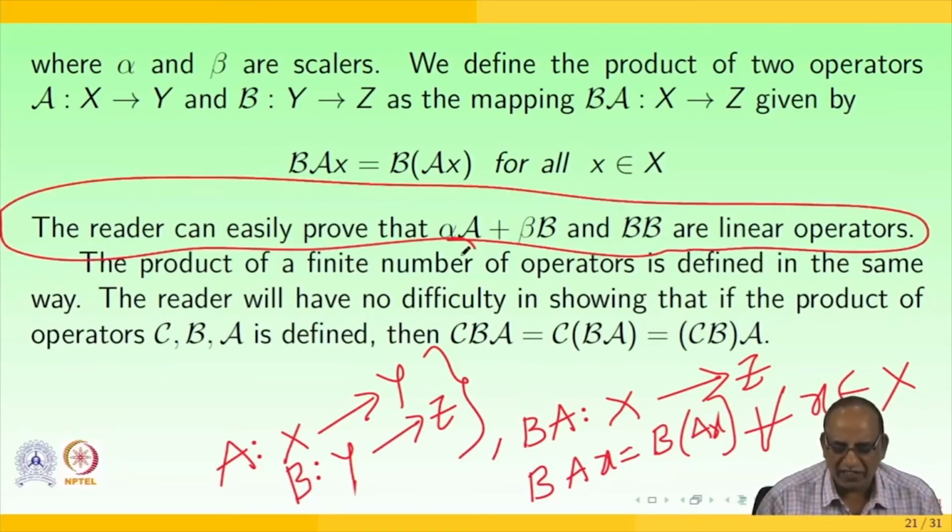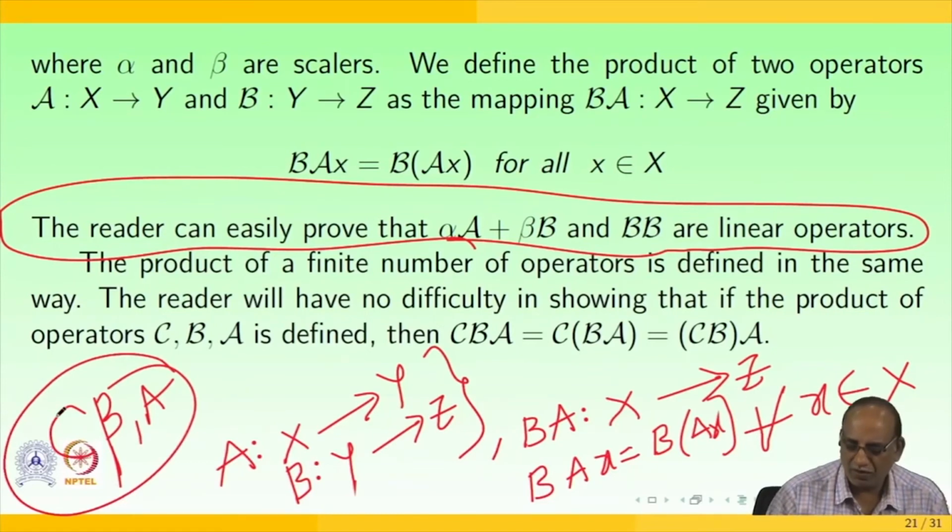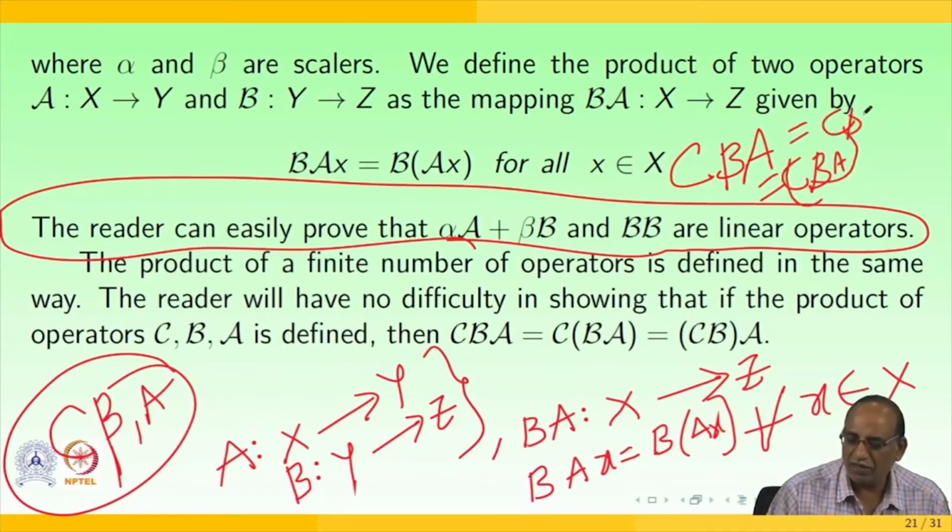The product of a finite number of operators is defined in the same way. The reader will have no difficulty in showing that if the products of operators C, B, A are defined, then C times BA is equal to CB times A.